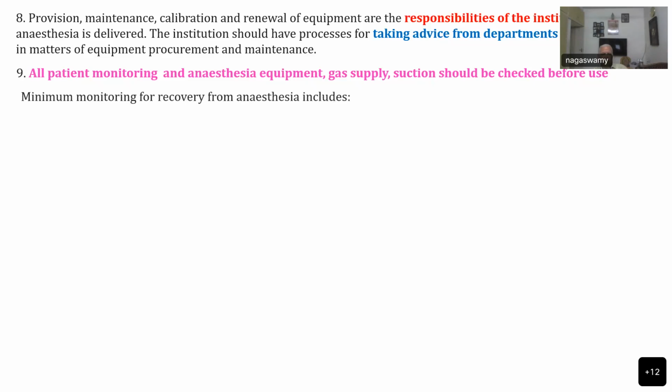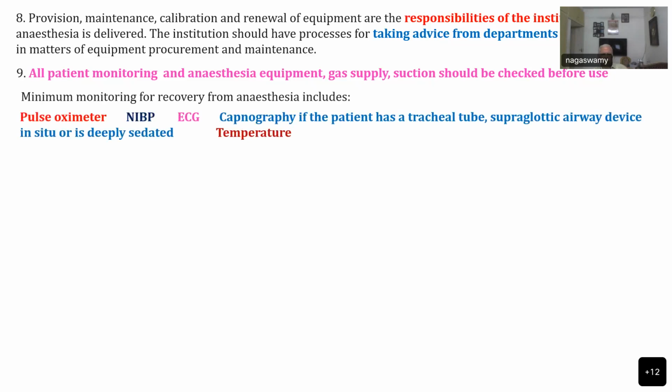And minimum monitoring for recovery from anesthesia includes pulse oximeter, non-invasive BP, ECG, capnography if the patient has a tracheal tube or a supraglottic airway device in situ, or if the patient is deeply sedated, and temperature. These 5 things become mandatory.